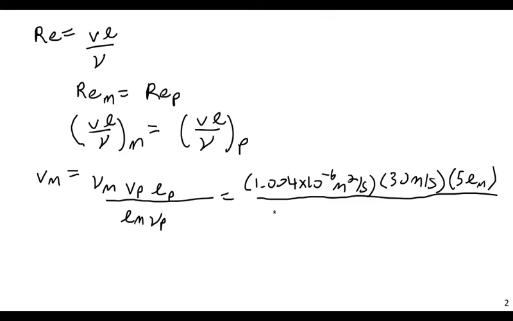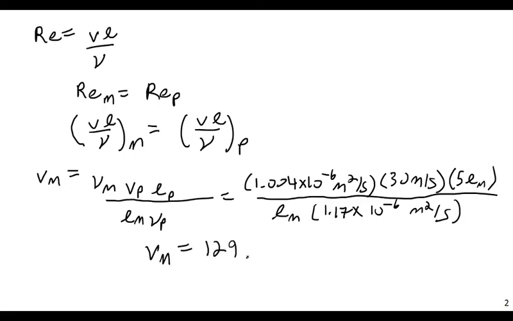And then I'll have Lm down here, because Lp is just 5 Lm, and then times 1.17, the viscosity of the seawater, 1.17 times 10 to the negative 6 meters squared per second. And this will come out to Vm of 129 meters per second.